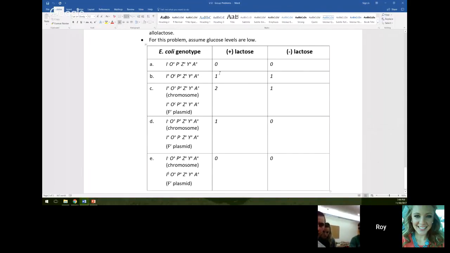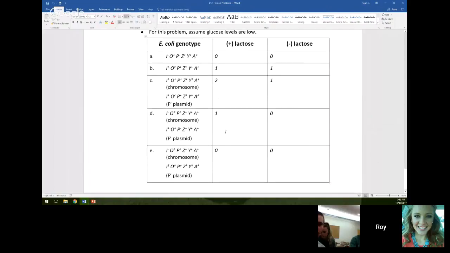C, you end up getting 2 with lactose and 1 without lactose. D is 1 with lactose and none without lactose. And E is also non-inducible, so you get 0 with both of them. So without going through all the major steps of that, it's basically the same as number 4, but just adding lactose and figuring out how much yellow.